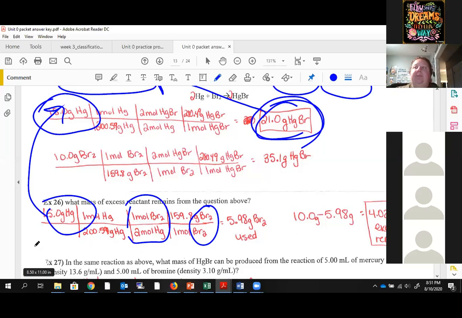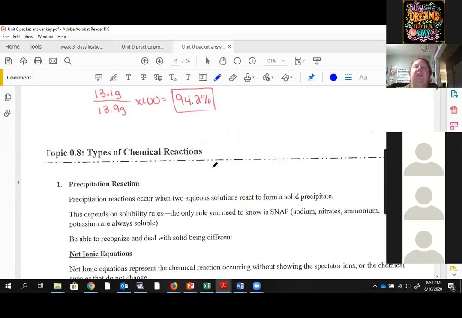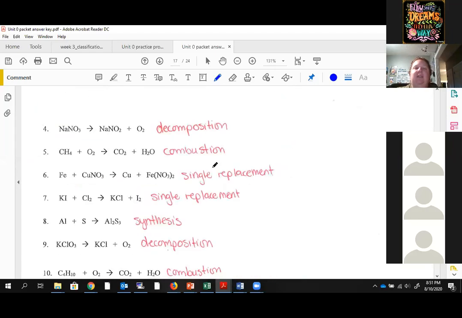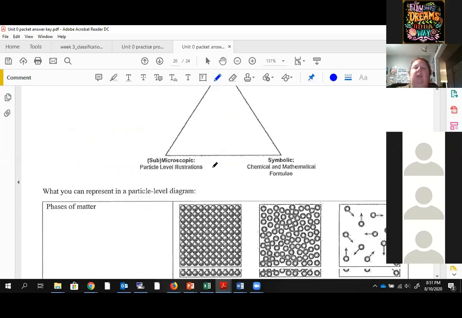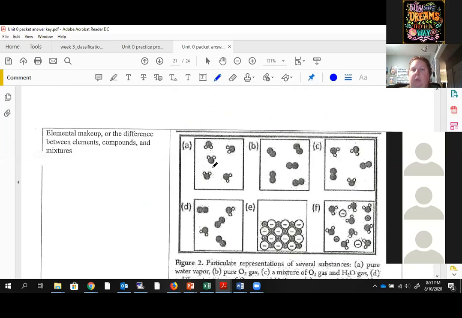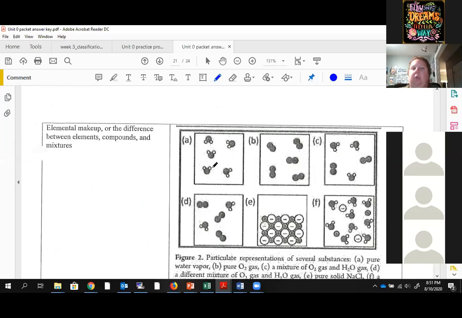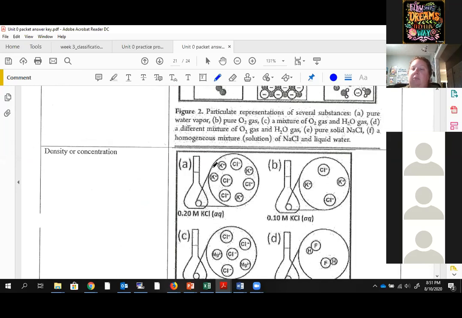I was going to ask about the particle diagrams. I don't really understand the point of them. The point of them is that they're showing a representation of what's happening at the teeny tiny level. So we can show what elements the mixture is made out of.